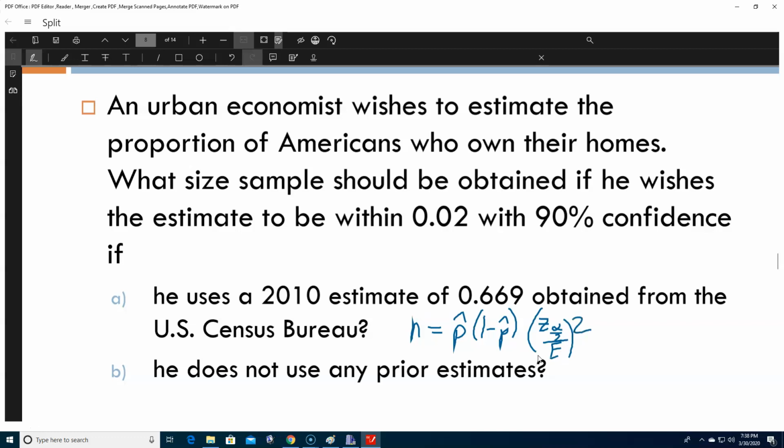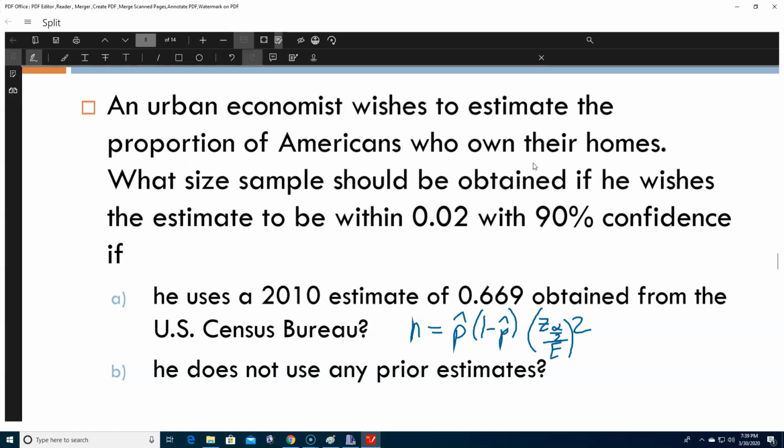This is the formula we're going to use for A. P hat is given to us right there, 0.669. E, that's the margin of error, is this number right here, 0.02. This z half alpha, we have to find by using this confidence interval.